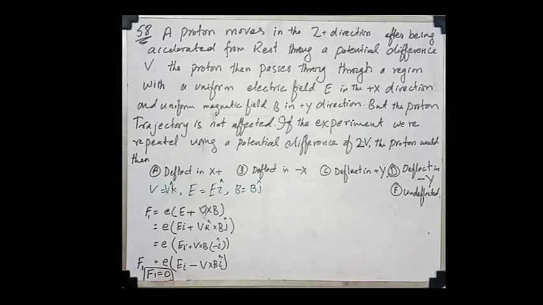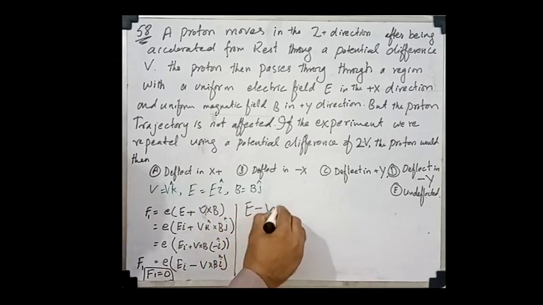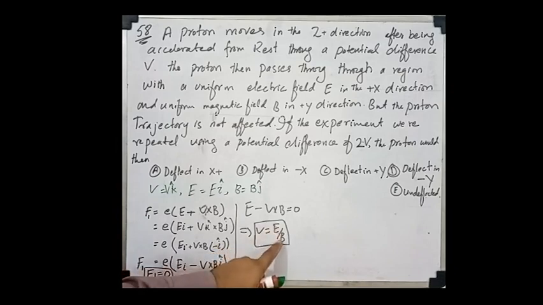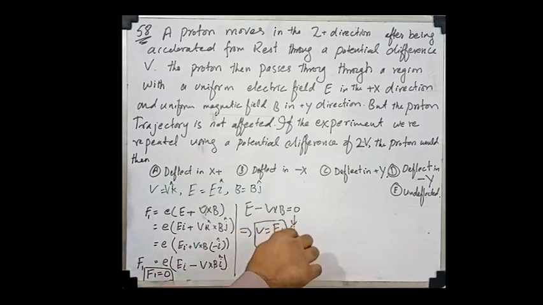So this term equals 0, which means E minus v cross B is equal to 0. This implies that v is equal to E by B. Because this ratio is the same, the velocity remains the same. The velocity is given by the ratio of electric to magnetic field.